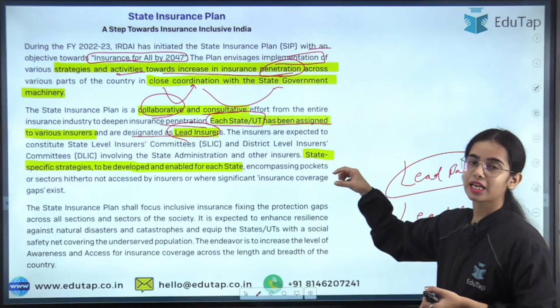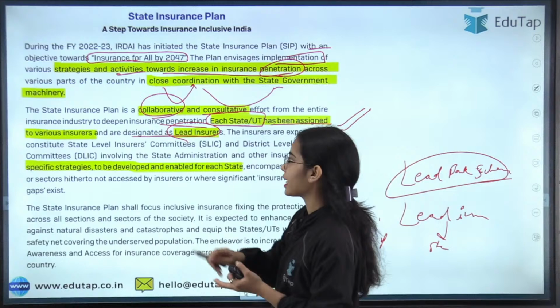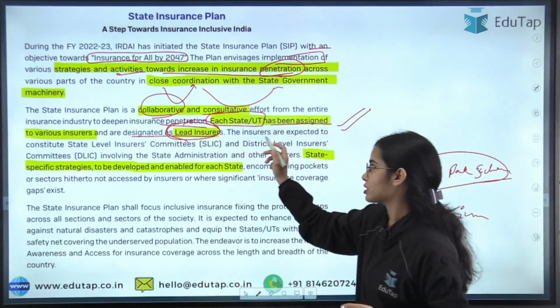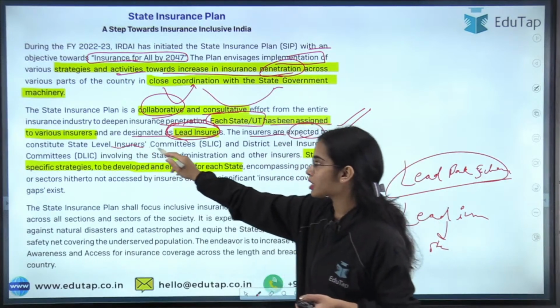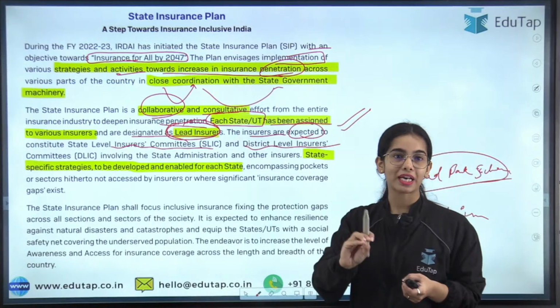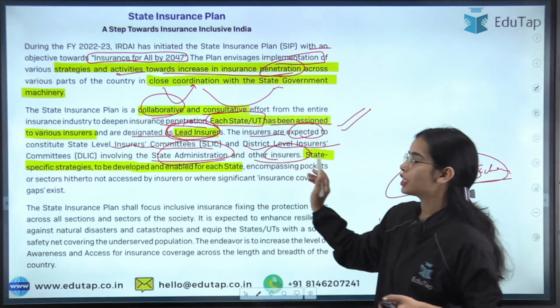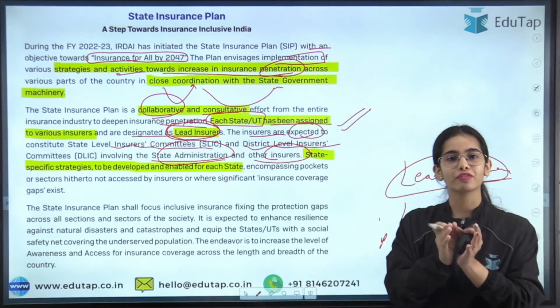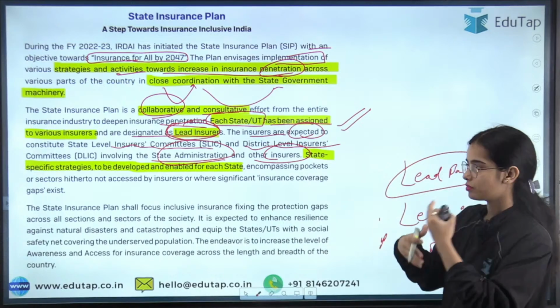For each state and union territory, various insurers have been assigned as lead insurers. The insurers are expected to constitute a state level insurers committee and a district level insurers committee. This will be constituted by the lead insurers, involving the state administration and other insurers. So the lead insurer has the responsibility to bring the other people together and do this kind of development.